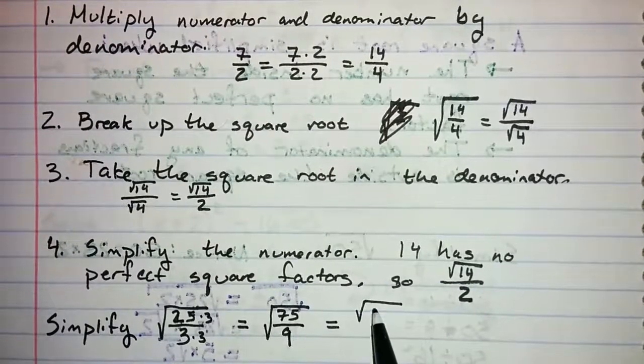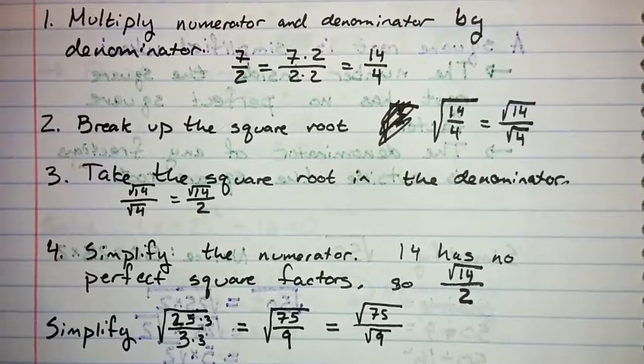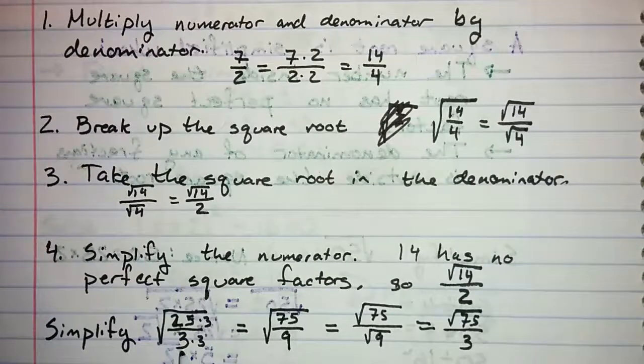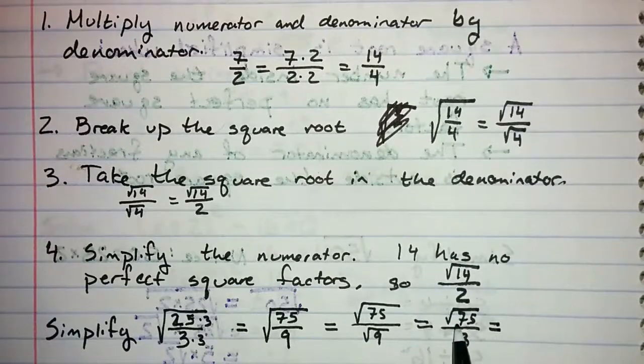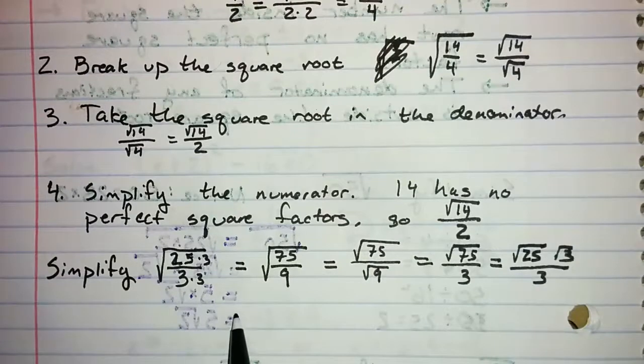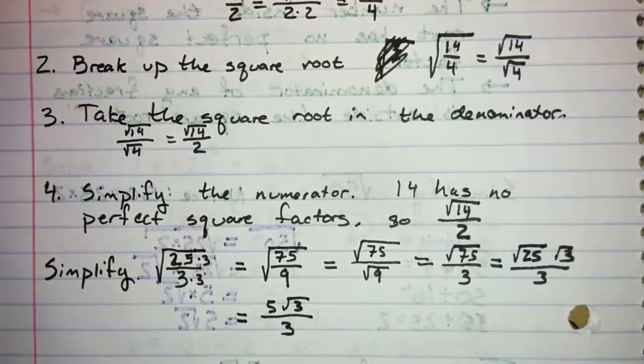I'll split that up, root 75 over root 9. I can take the square root of 9. It's 3, which I should have expected. And then noticing that 75 is 25 times 3, my final answer will be 5 root 3 over 3.